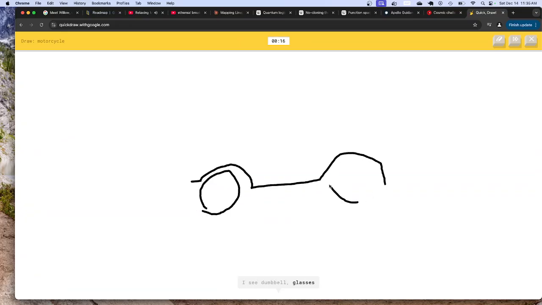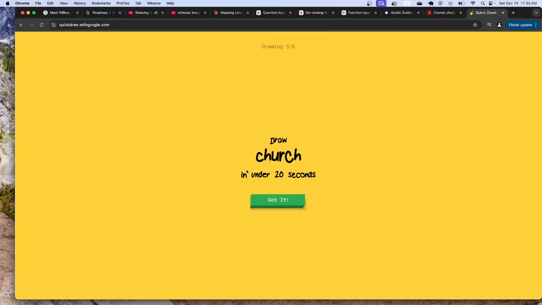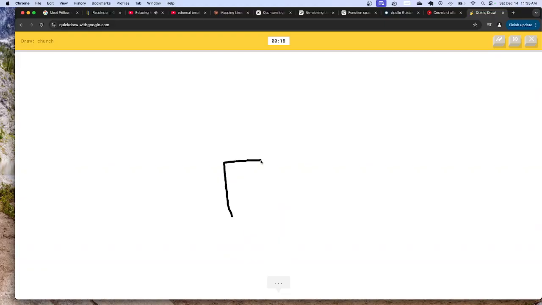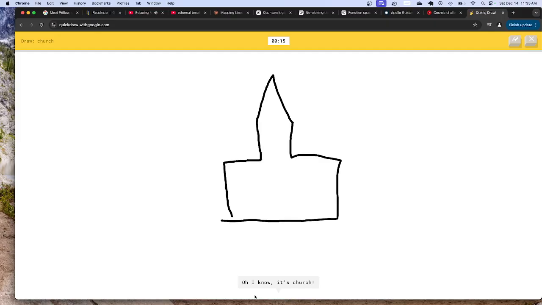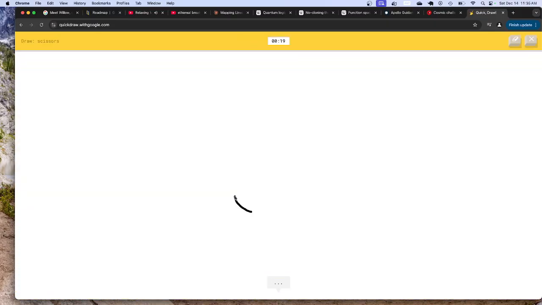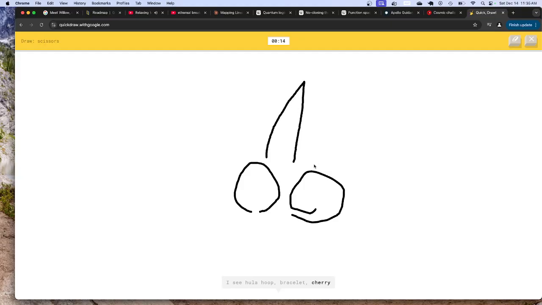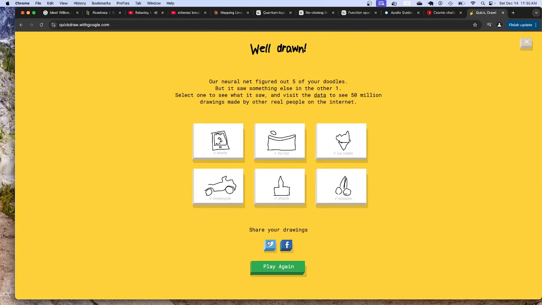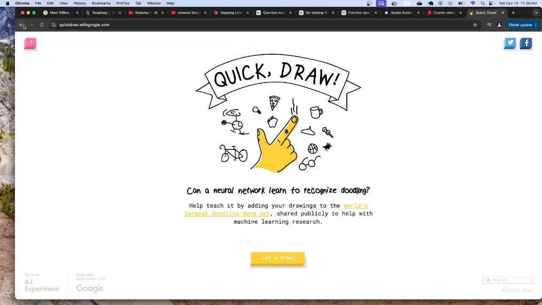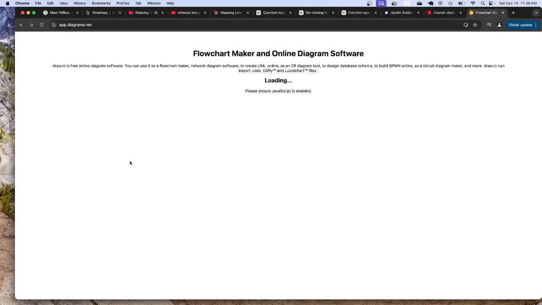I see dumbbell, or glasses, or garden hose, or the Great Wall of China. Oh, I know, it's motorcycle. China? I see street light, or stairs, or chair, or lipstick. Oh, I know, it's church. I see circle. I see hula hoop, or bracelet, or cherry. Oh, I know, it's scissors. Very cool. That's not at all what I was looking for.